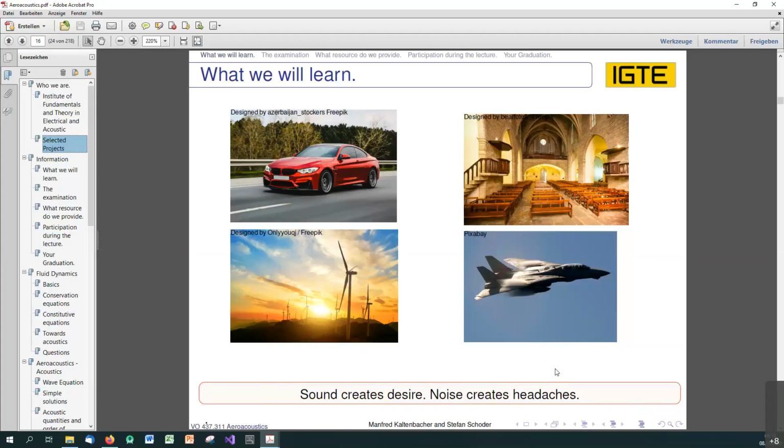It is proven that when we increase the noise in the surrounding of a person, then the concentration lacks. And therefore it is also important to look at these topics.